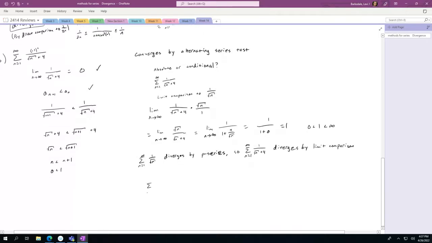So then our original sum from 1 to infinity of negative 1 to the n over square root of n plus 4 is going to converge only conditionally, right? Because it passes the alternating series test, but the absolute value of it does not converge.